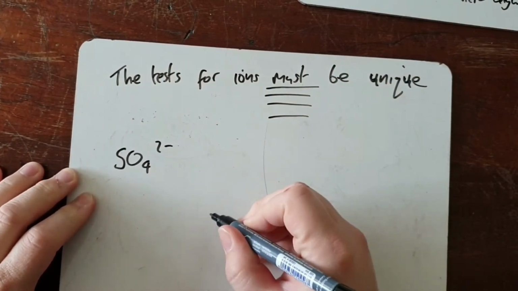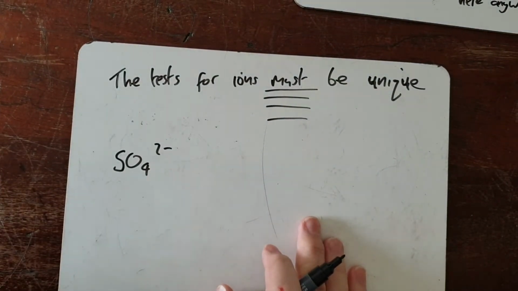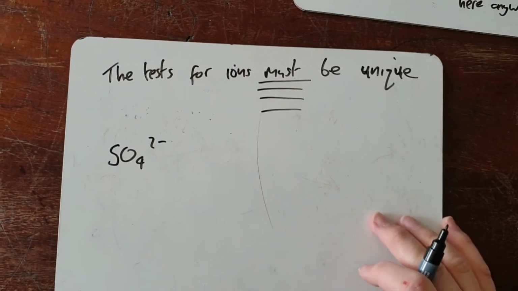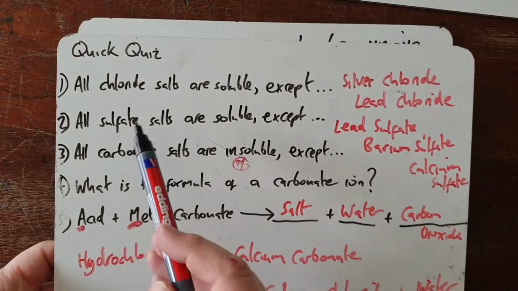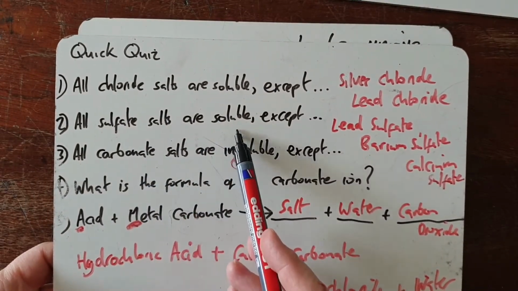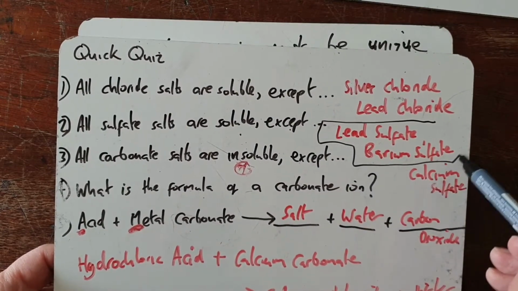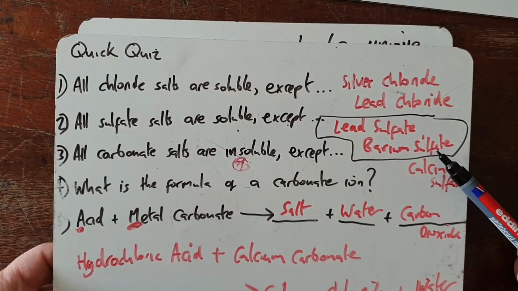SO4 2-. To test for sulfate ions, if we go back to our quick quiz, it would be useful if you had a copy of the solubility rules from your notes to hand. All sulfate salts are soluble except lead sulfate or barium sulfate.